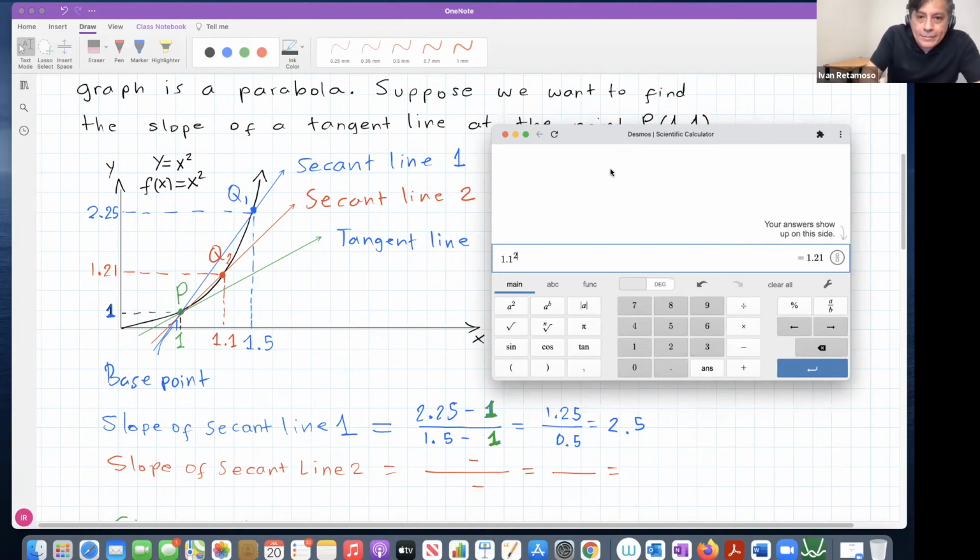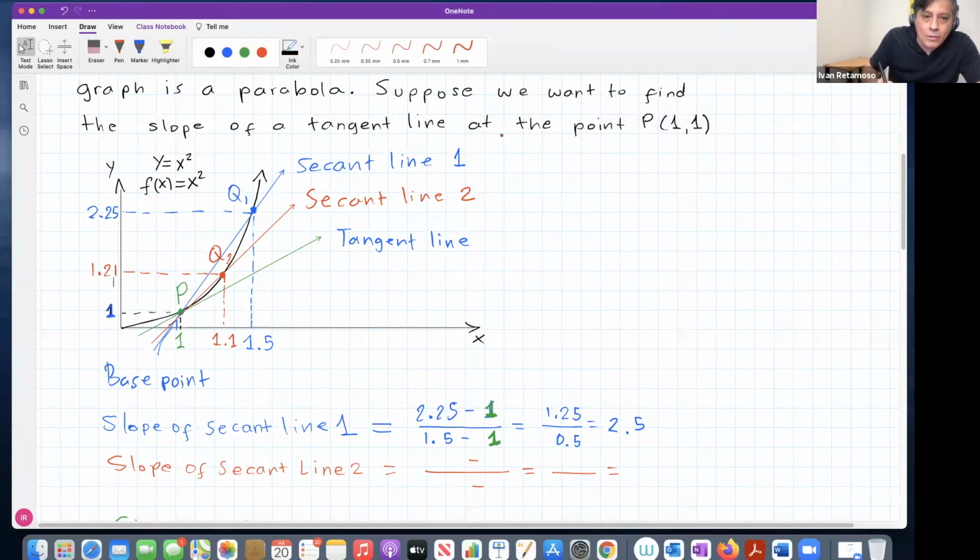Now again, what is important is that this output value will allow us to compute the slope of this secant line 2 this way. Difference of output values, sometimes called the rise, over the difference of input values, which is often called the run. Allow me to write this base point again in green.